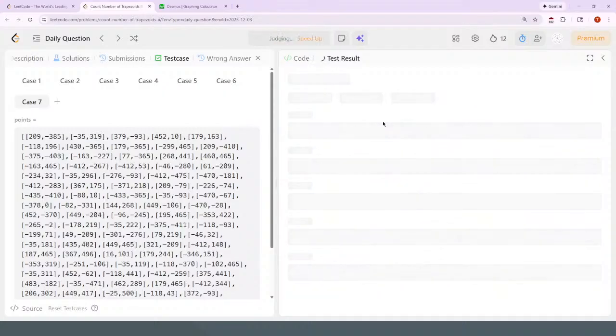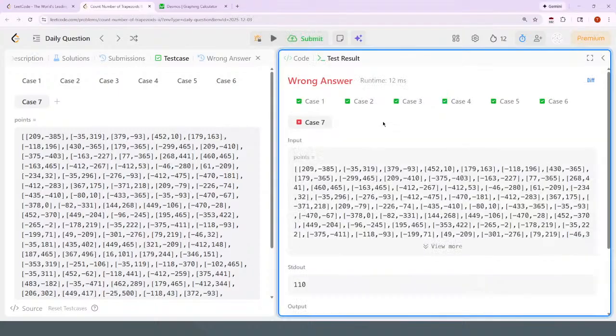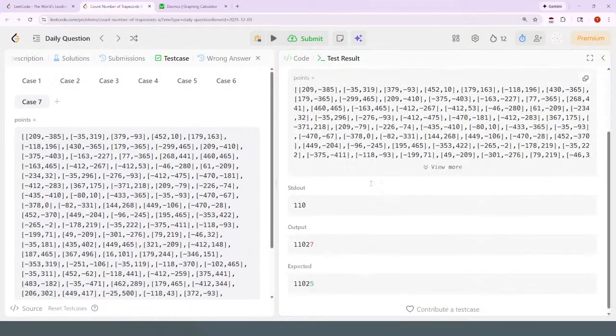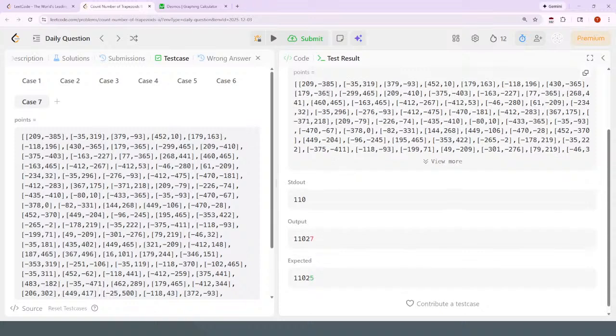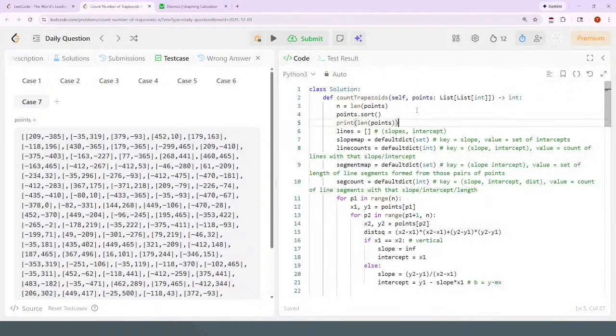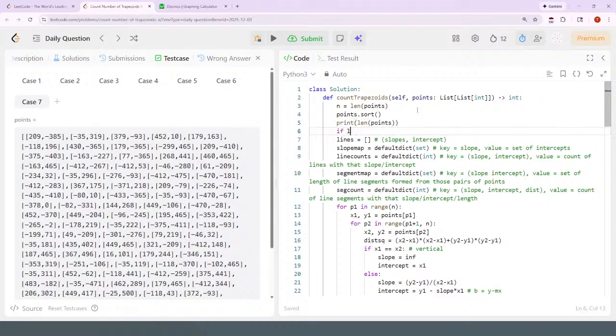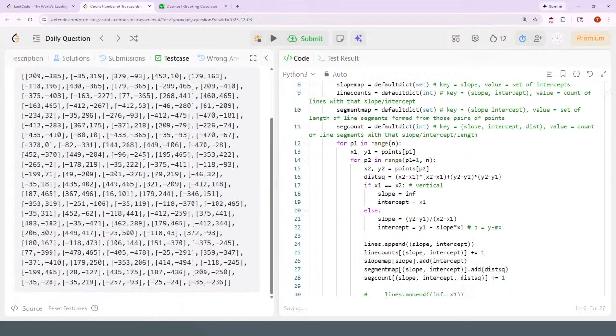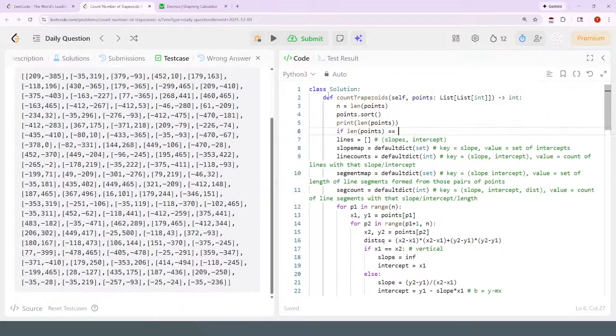-209, -385. 110. Okay. I wouldn't recommend doing this, but I'm going to try to fish for another test case that goes wrong and see if I can debug that rather than this one.